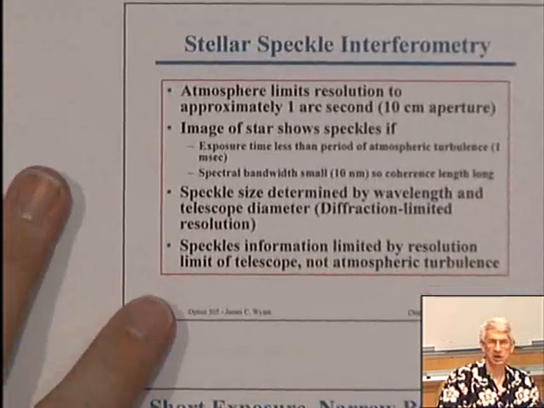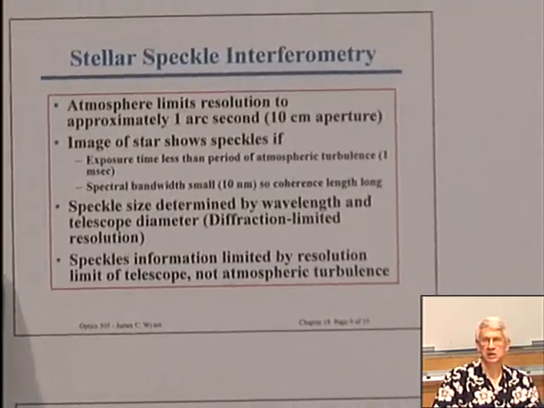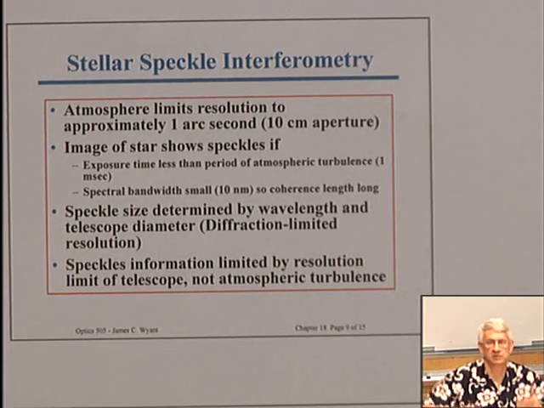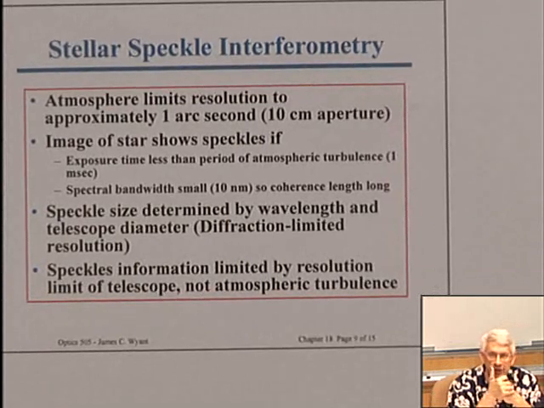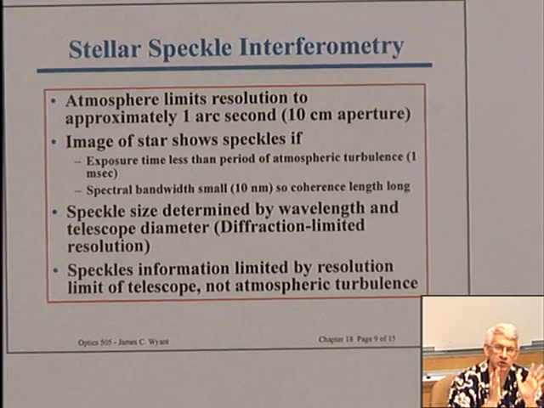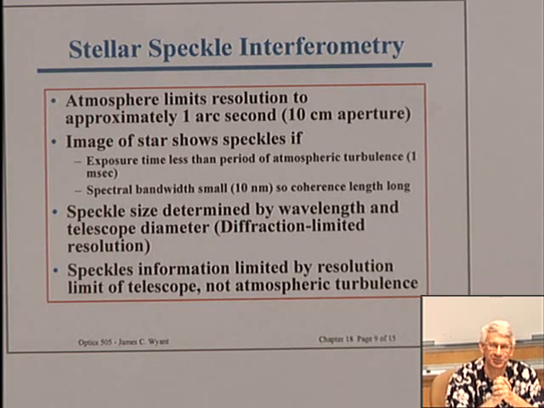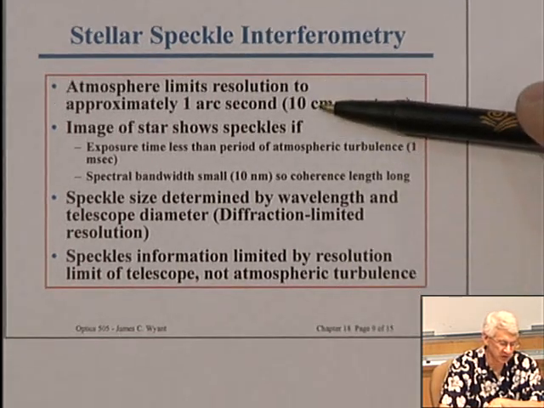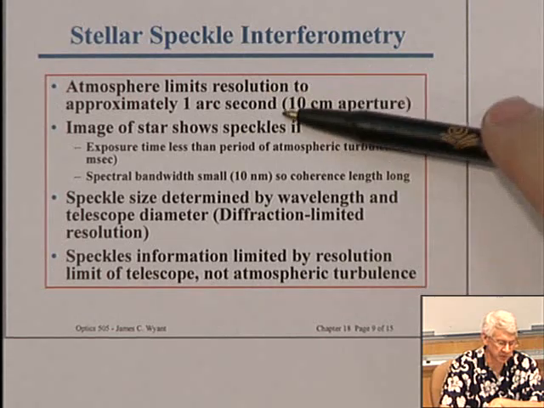Okay, with speckle, we have an effect in the atmosphere, which this technique actually was important. It's kind of important historically. I don't know that it's really done much anymore, but before the use of adaptive optics, the astronomers wanted to resolve stars looking through the atmosphere, but they had a problem. And that problem was that the atmosphere limits the resolution to about 1 arc second.